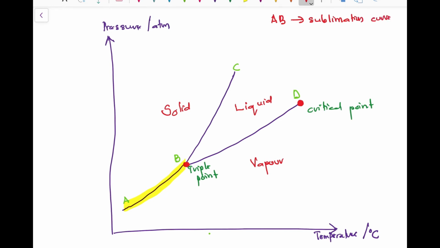Okay. Curve BC, we call it a melting curve, or sometimes we call it a freezing curve. And curve BD, we call it a boiling curve.